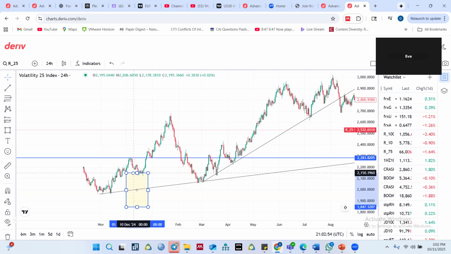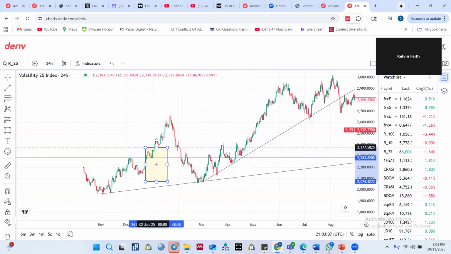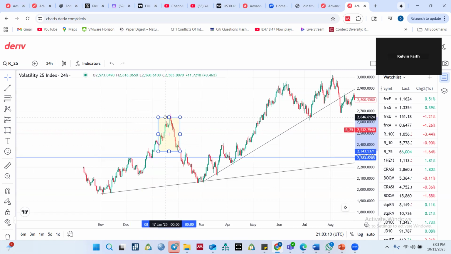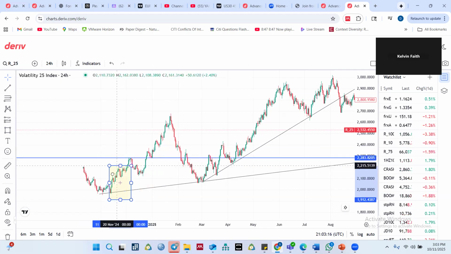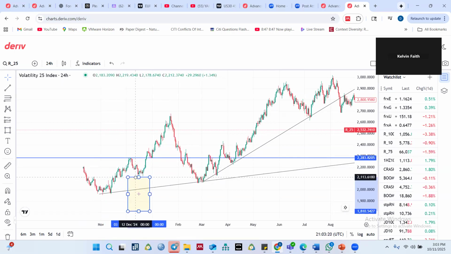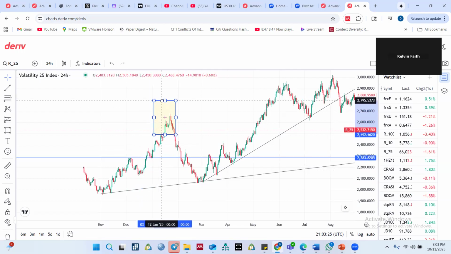Yes, please. And it went up again, got to the blue line, went above it, then came down to sit on the blue line and went up. This means that the blue line price area has been used as resistance to drop price and has been used as support to take price up.